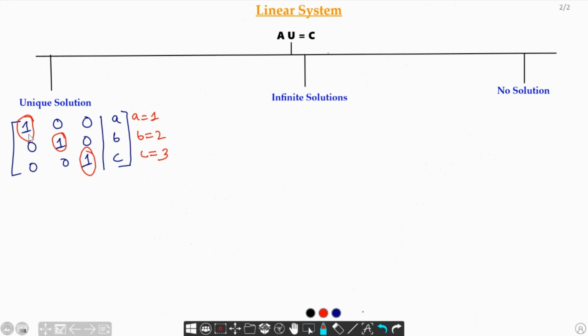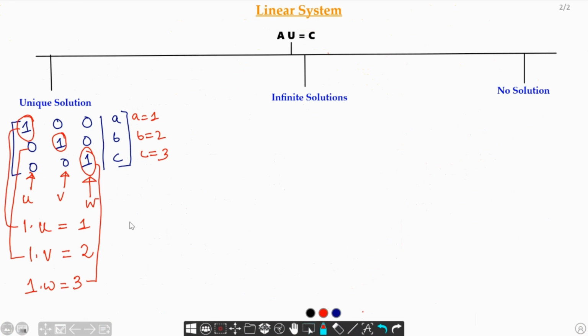And of course, from our last session we know this column represents U, this one V, and this column represents W. Therefore, we obtain U equals 1, V equals 2, and W equals 3. In matrix form, we can write the solution in this way, that U, V, and W.